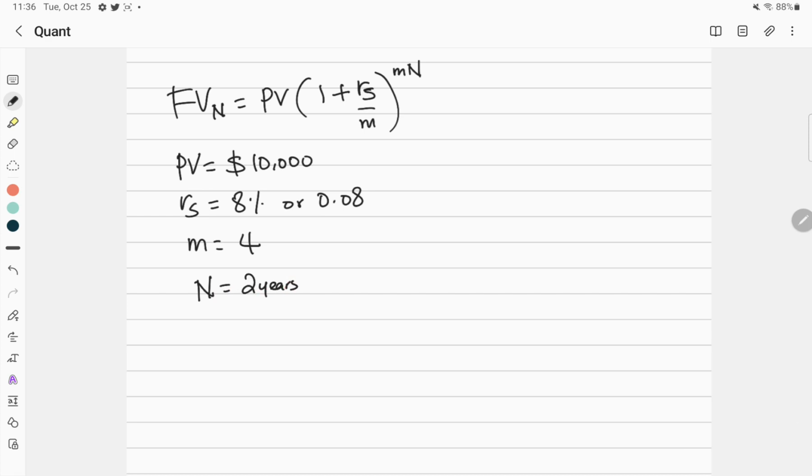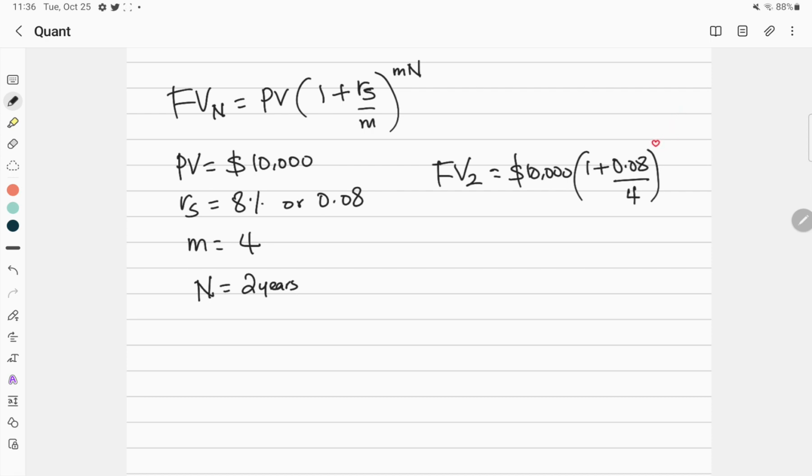And let's calculate this. So the FV after 2 years is 10,000 times 1 plus the annual interest rate, which is 8%, divided by how frequently it's compounded per year, which is 4 times, which is quarterly, raised to the number of compounding periods.